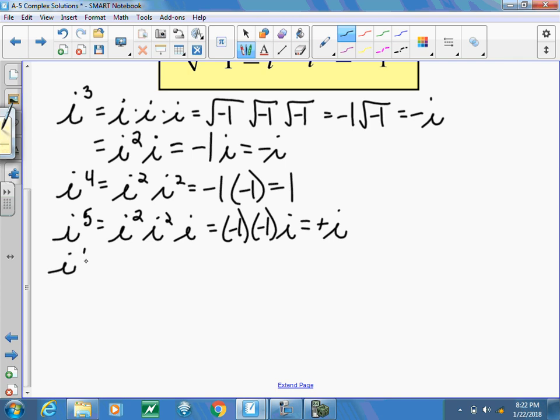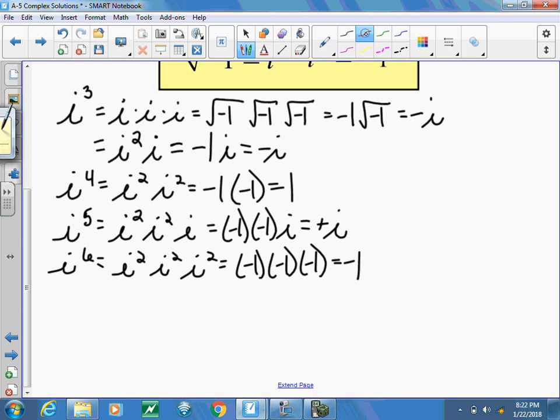Then if I did i to the sixth, we could do i squared times i squared times i squared: negative 1 times negative 1 times negative 1, and that's going to give us negative 1. You'll start to see a pattern occurring here: negative i, 1, positive i, negative 1. If we now did i to the seventh, we're going to start seeing these four values repeating themselves.